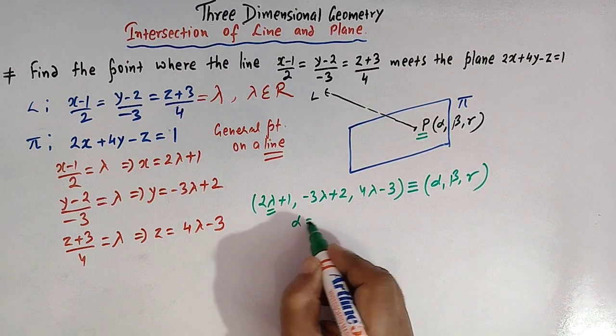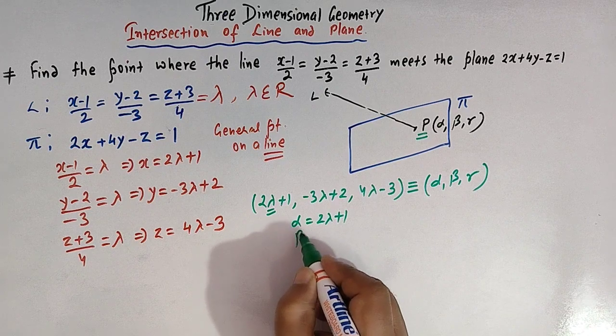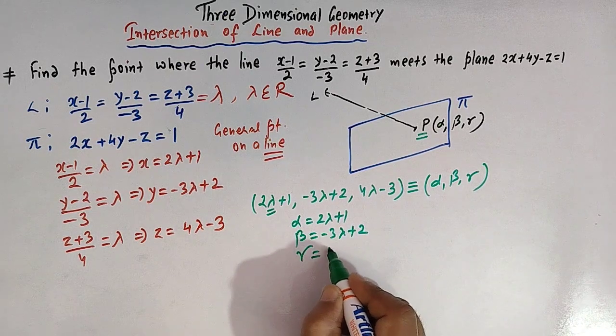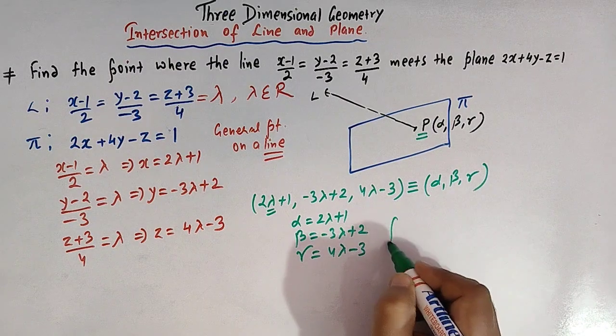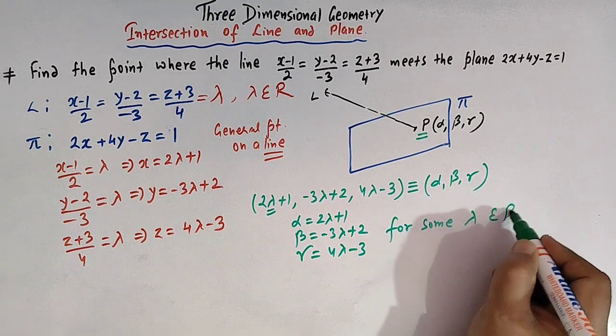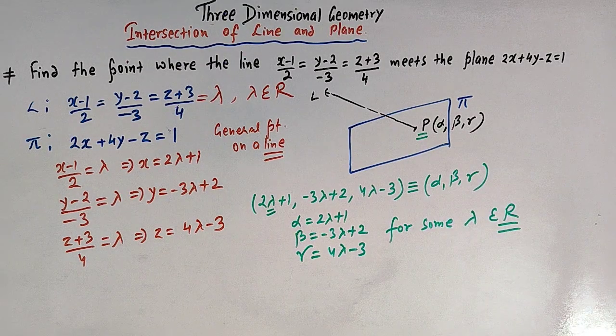So alpha is 2 lambda plus 1, beta is minus 3 lambda plus 2, and gamma is 4 lambda minus 3, for some lambda belonging to the set of real numbers.